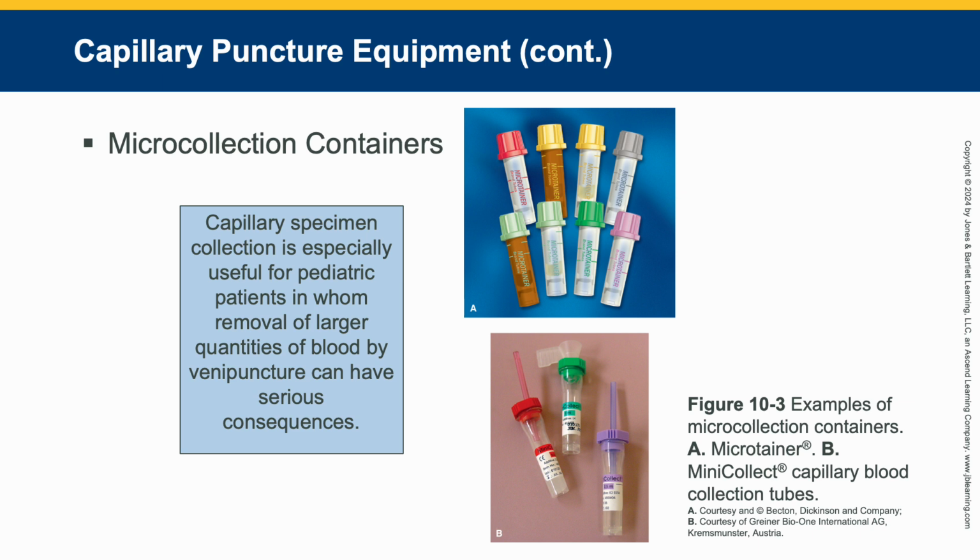And if they're doing that, sometimes the levels of whatever you're measuring vary. You need to make sure that you write on that specimen somewhere that this is venous blood, because otherwise these values are going to be out if you put venous blood in a micro container. Okay, so make sure that you are very aware of that.